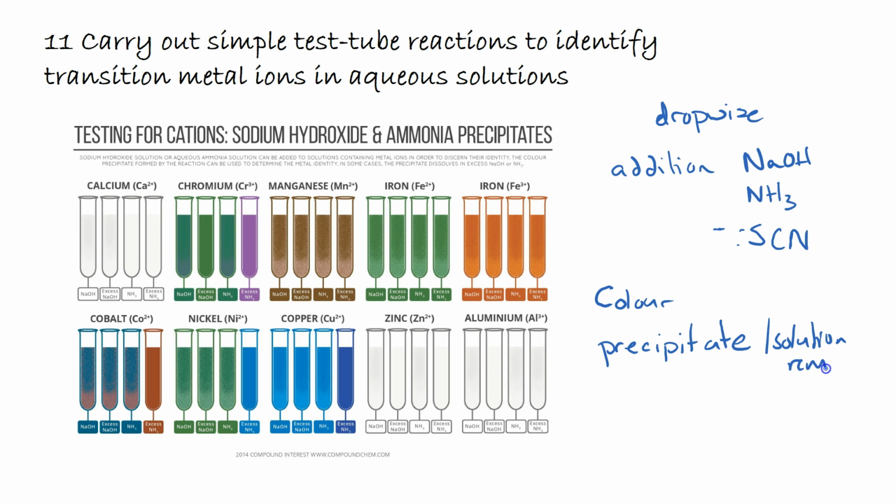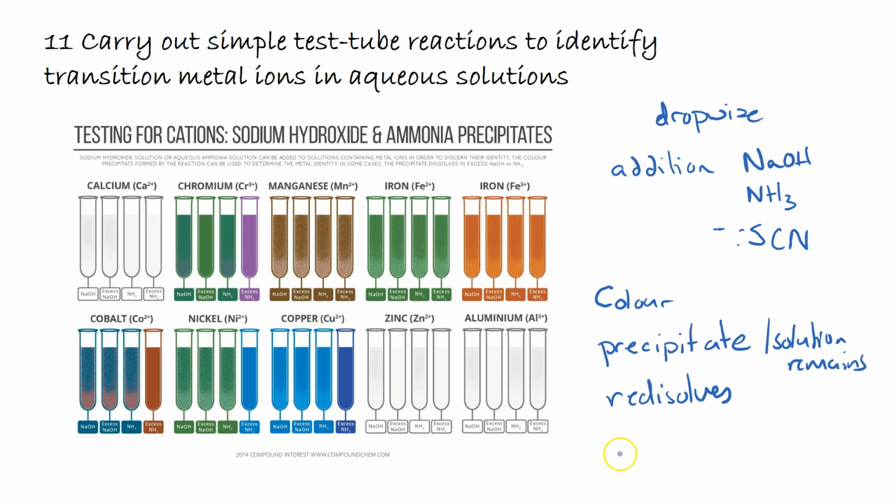Perhaps you see a colour change, perhaps it goes from blue to green or green to yellow, but remains as a solution. You may notice that you've formed initially a precipitate, but then with further addition of sodium hydroxide or ammonia, you add more, you say that the precipitate redissolves.